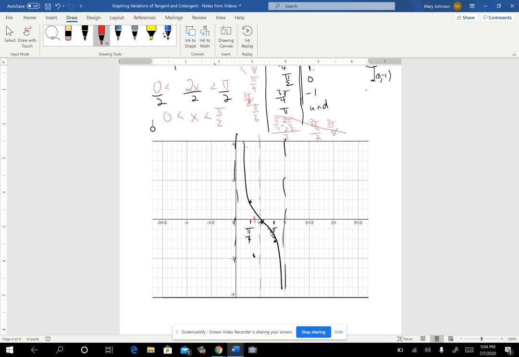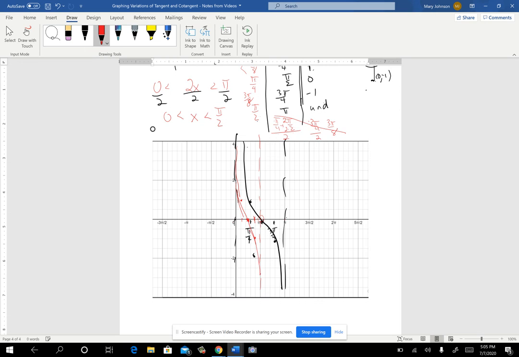This point right here that used to be the x-intercept is now going to be over here. And then halfway between there, that's where the 3 pi over 8 would have come from, so it's going to be up at 1. And then over here, halfway between the pi over 4 and the pi over 2, right there is going to be at -1. See, it just kind of smushed it.